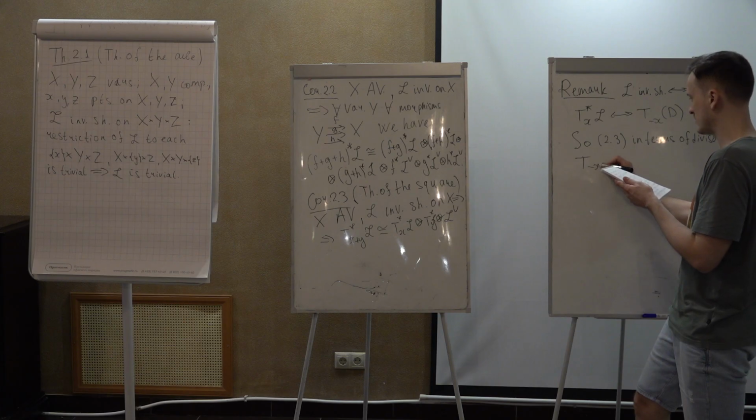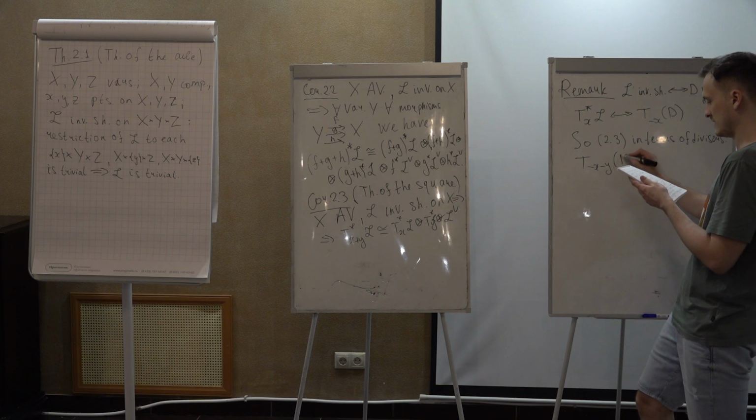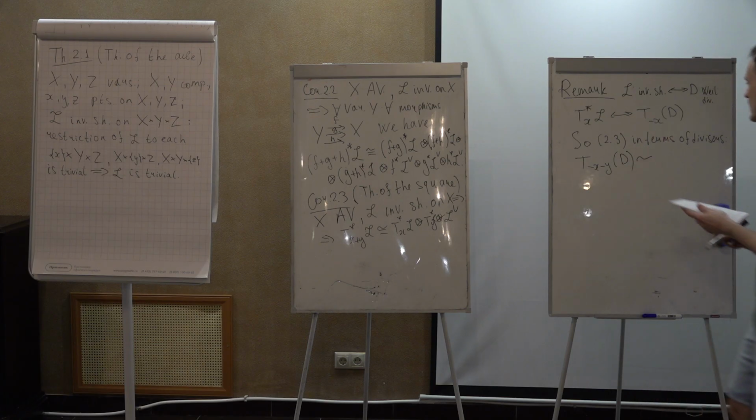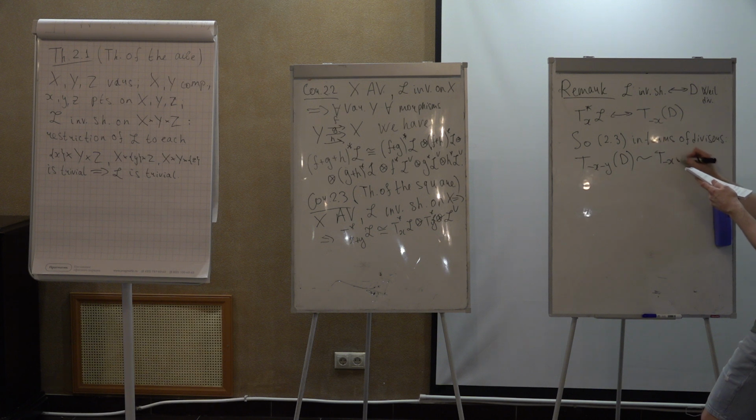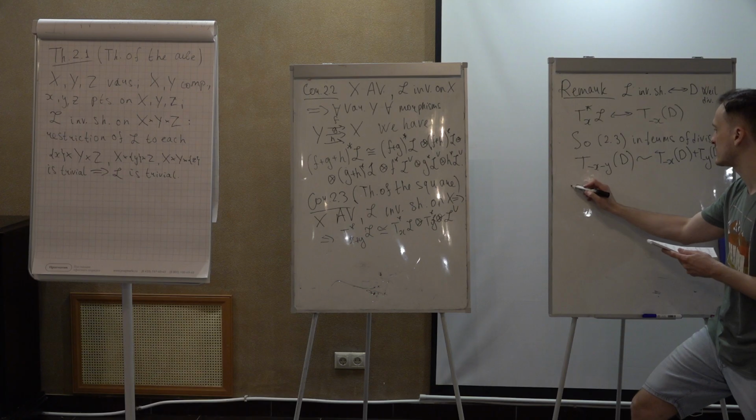If I shift by minus x minus y, this divisor D will be equivalent to shift by minus x plus shift by minus y minus D. And it becomes even more clear if I rewrite this as follows.